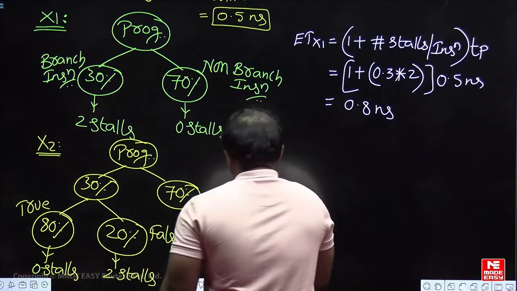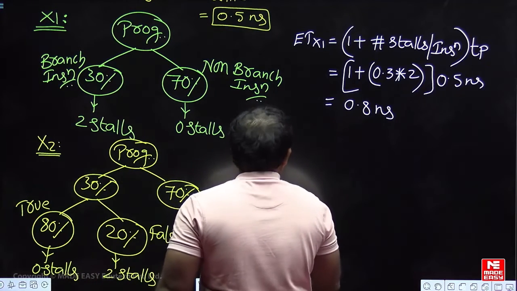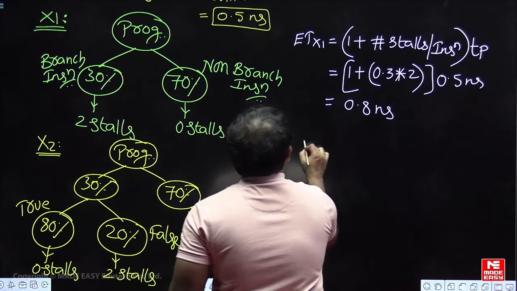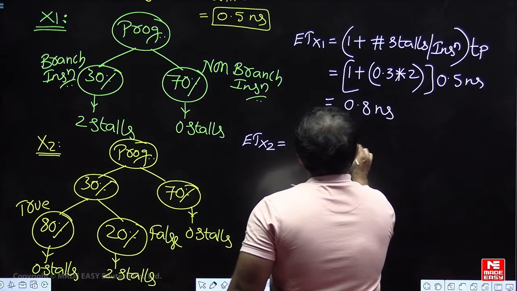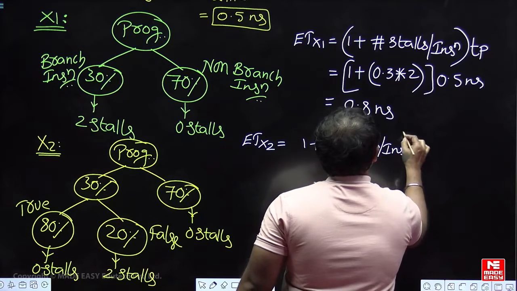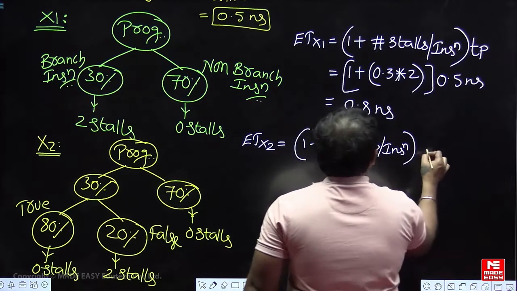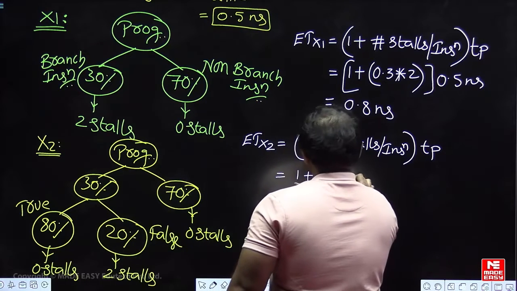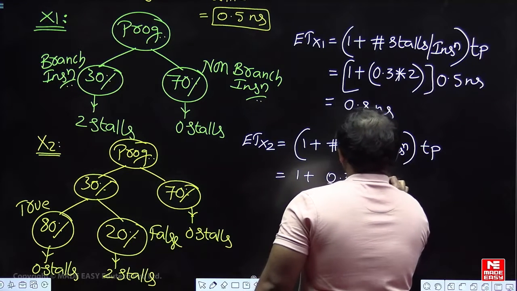Therefore, substitute the data in the formula. Execution time of X2 equals (1 plus number of stalls per instruction) times cycle time. Substituting: 1 plus 0.3 into 0.2 into 2.